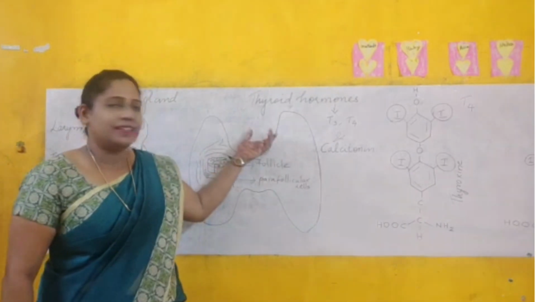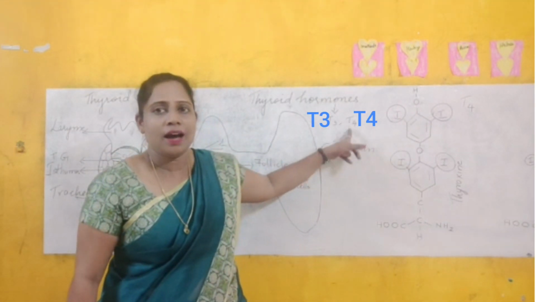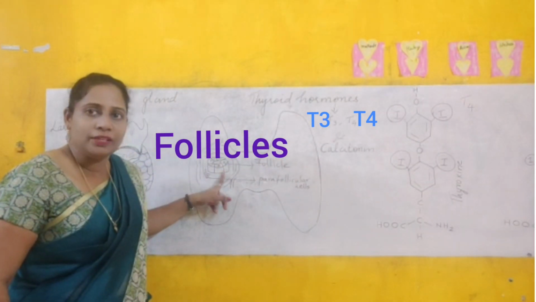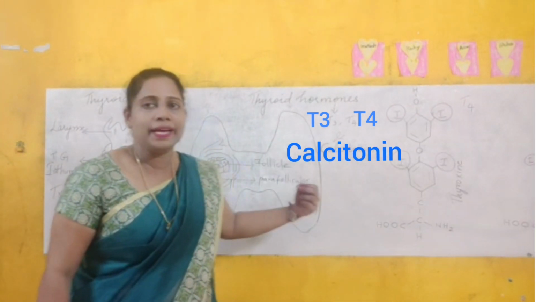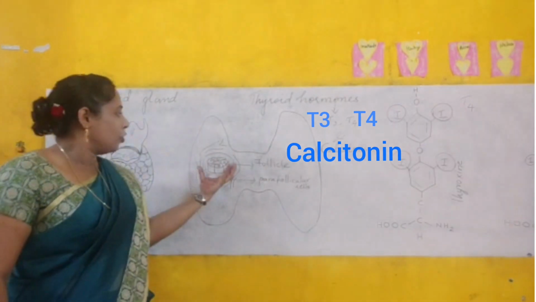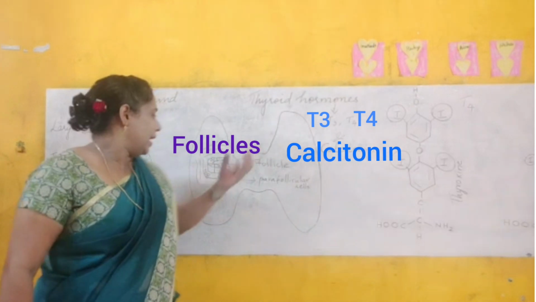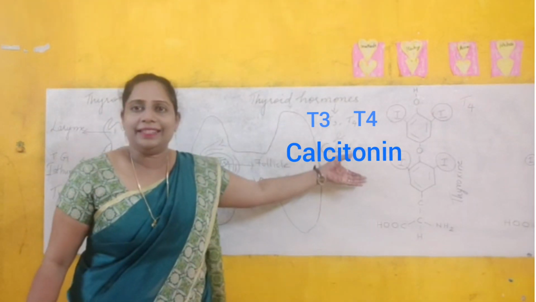The T3 and T4 hormones are secreted from the follicle. And the calcitonin is produced by the parafollicular cells. So, follicle will secrete the T3 and T4 hormones and the parafollicular cells will produce calcitonin.